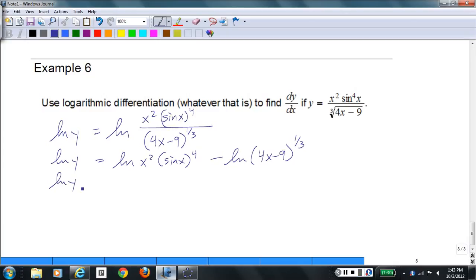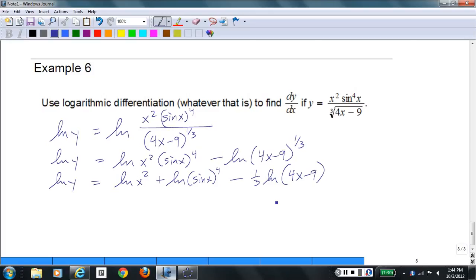So natural log of y equals natural log of x squared plus natural log of sine of x to the fourth minus, and there is not too much more we can do with this logarithm except take that 1/3 out in front. So 1/3 times the natural log of the quantity 4x minus 9.